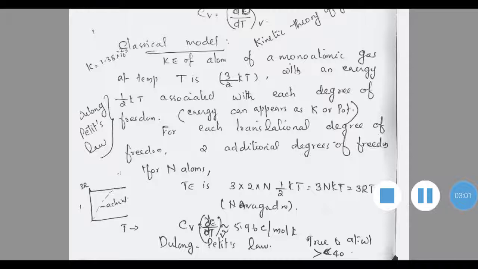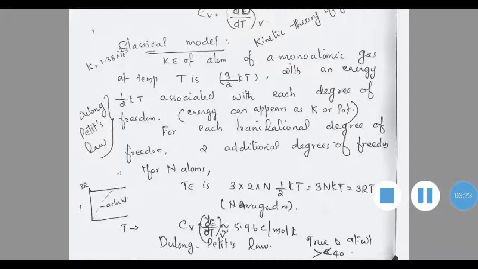So if there are N atoms in a mole of a solid, the total internal energy of the solid is given by 3 into 2 into N into half kT, that is equal to 3NkT. Here N is the Avogadro number.